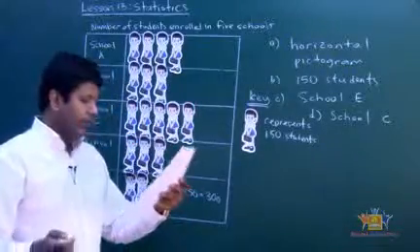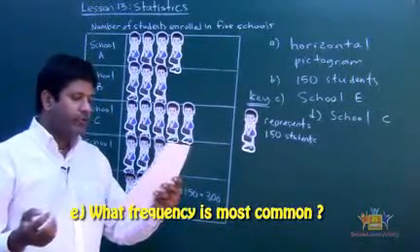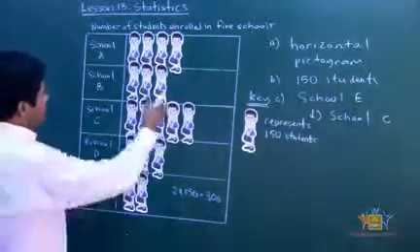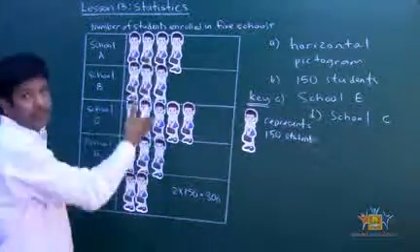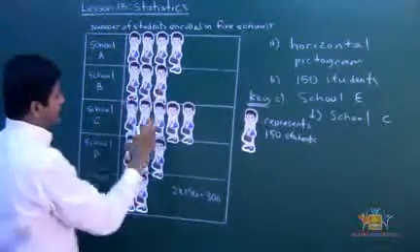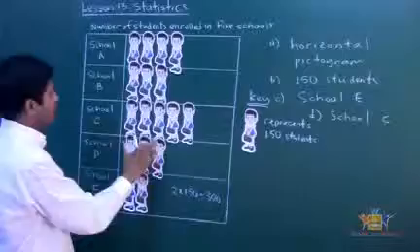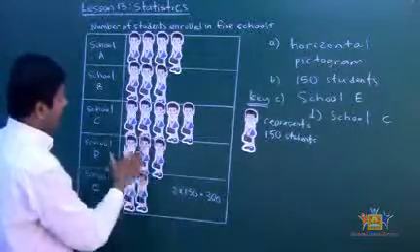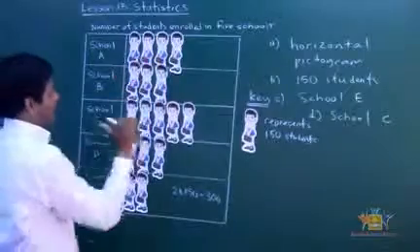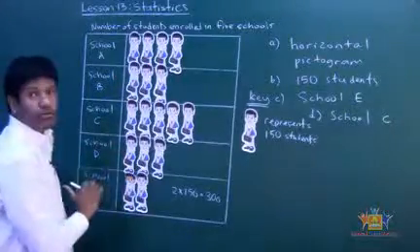And then E, what frequency is most common? That means you want to see which one repeats, which is also called the mode. Look at that, this 2 repeats twice. That's the only one. Other than that, they only repeat once: 3, 4 repeats once, 5 repeats once, 2 repeats once.